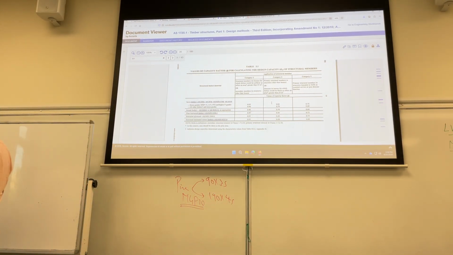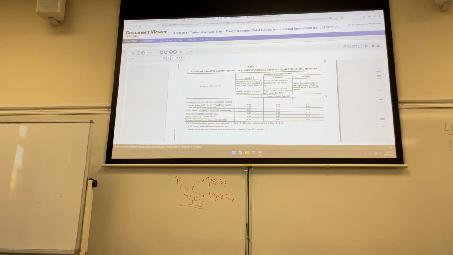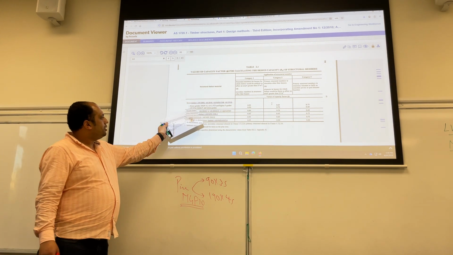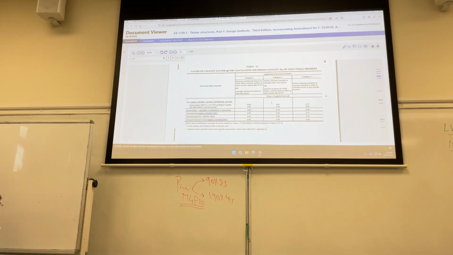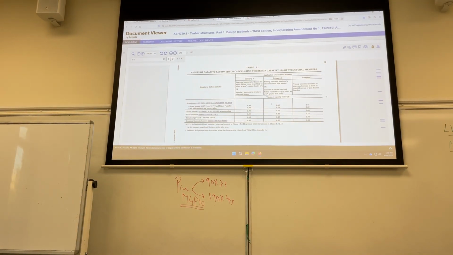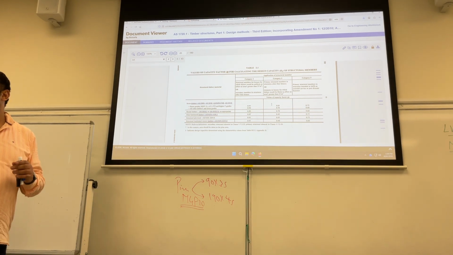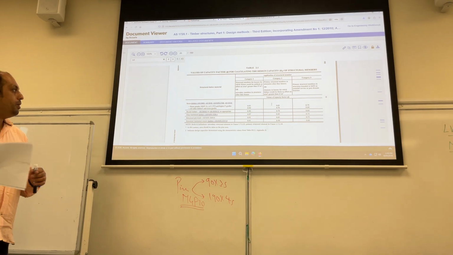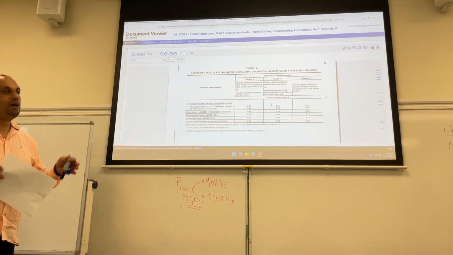MGP 15. Which one is MGP? The first one, under sawn timber. Okay? So first information, MGP 15. What else? We need to know if it is a primary member or secondary member, and if it is a house or not a house.